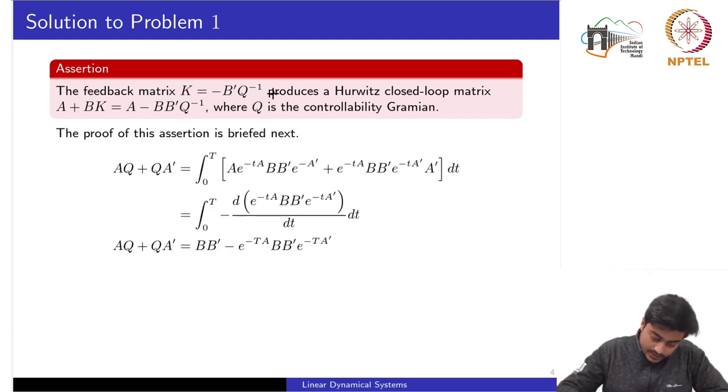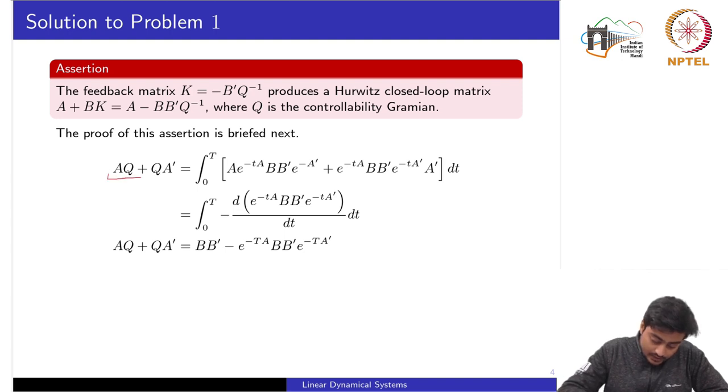Let's see the proof of this one. The left hand side is basically similar to what we had seen as the Lyapunov equation during the stability week. Since we need to show that the closed loop matrix is Hurwitz, we will take the help of the Lyapunov equation to show this result.